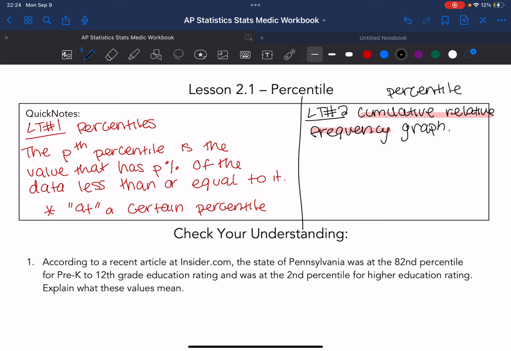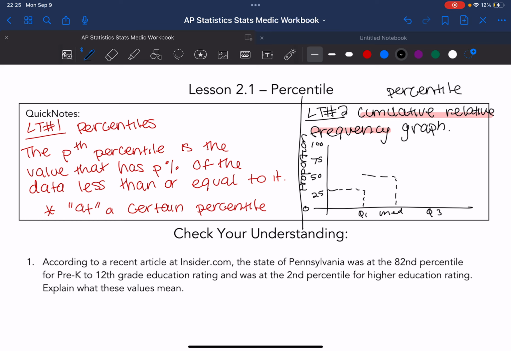And so if I have a graph here starting at 0%, then going to 25%, 50%, 75%, 100%, this is the proportion. And on the bottom, we have our Q1, our median, and our Q3. So our Q1 is at that 25%.